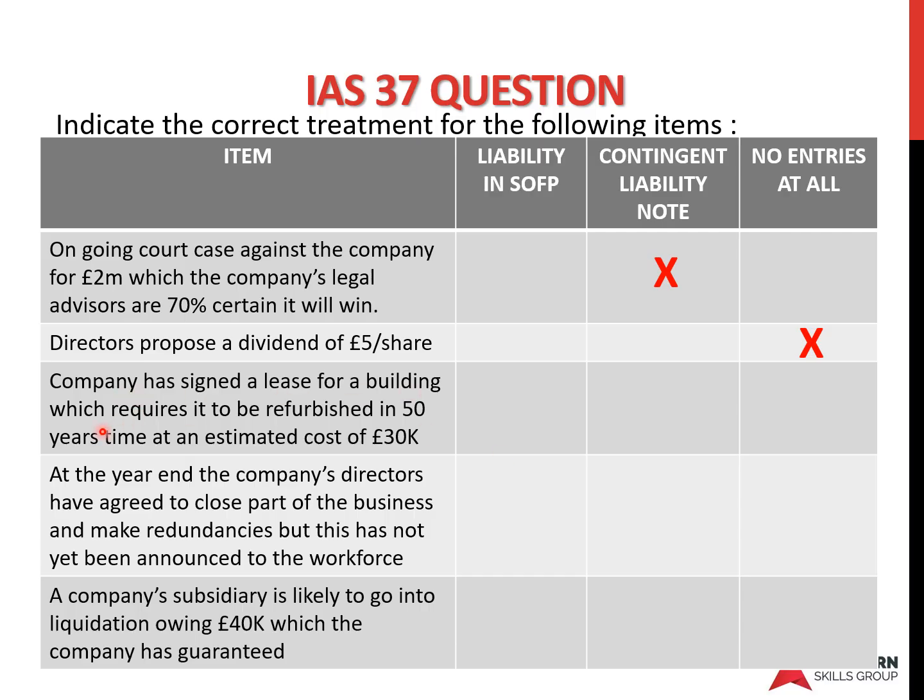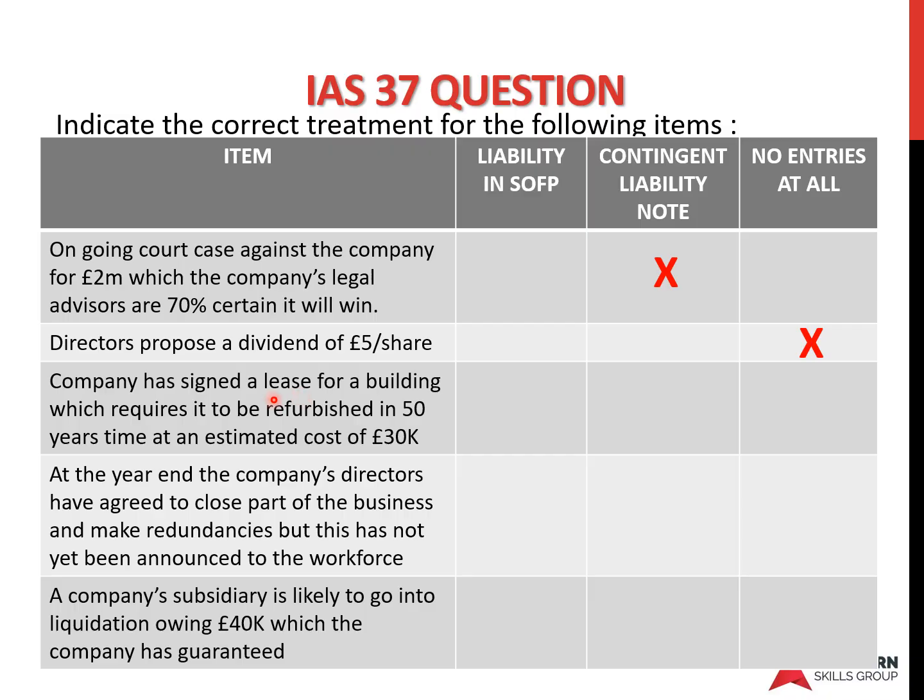The third item, the company has signed a lease for a building that says when the lease comes to an end in 50 years' time, the building has got to be refurbished, and that's estimated to cost £30,000. So we've got a legal obligation that exists now. It existed the moment that lease document was signed by the company.